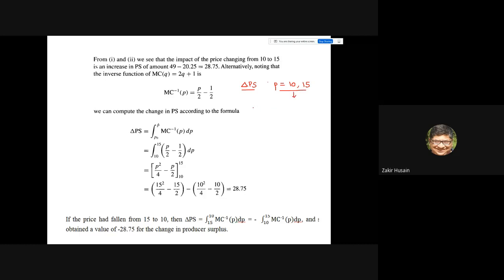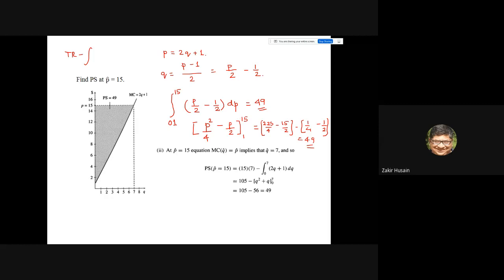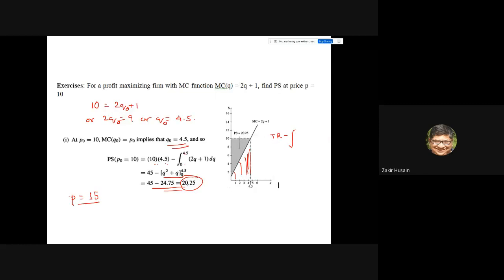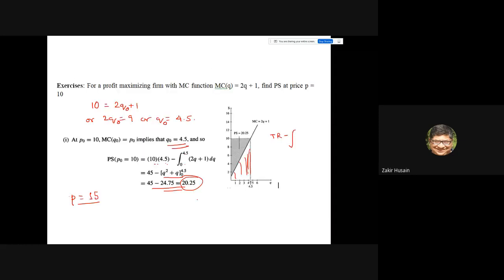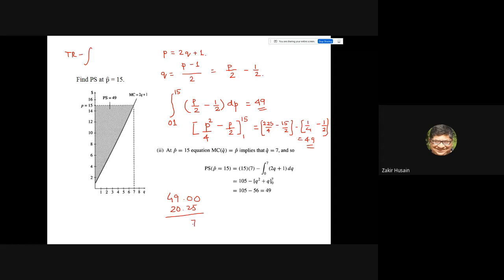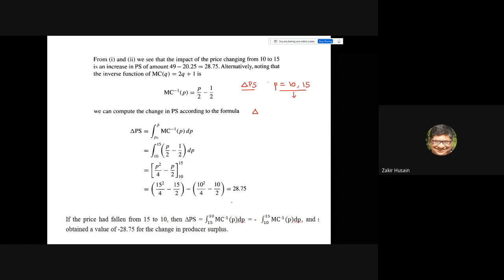Since you've done all this problem, it's very easy. Initially, the producer surplus was 20.25. Now it is 49. So the difference is 28.75. But suppose you're starting from fresh.